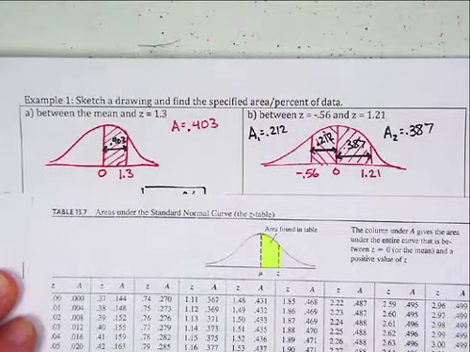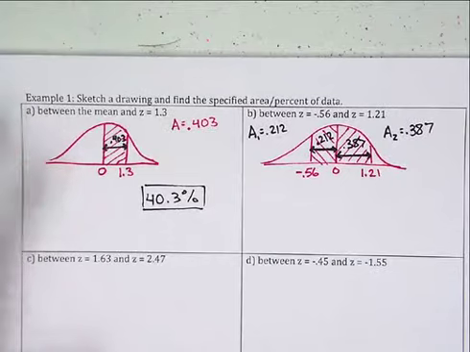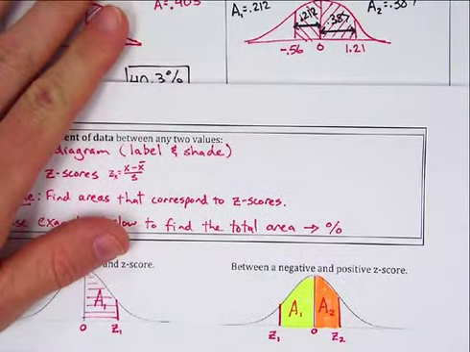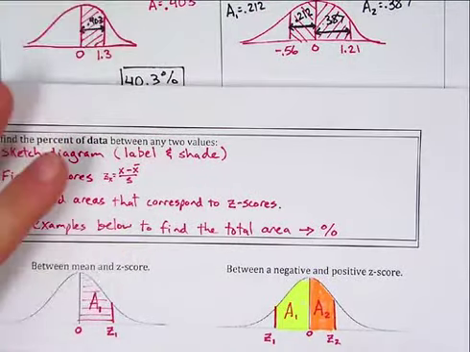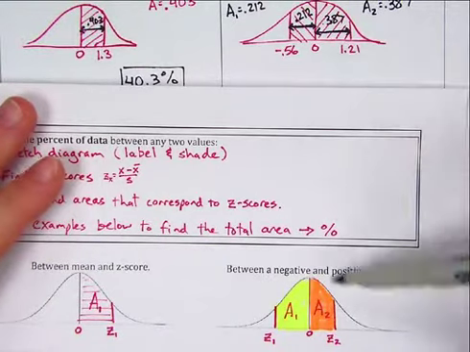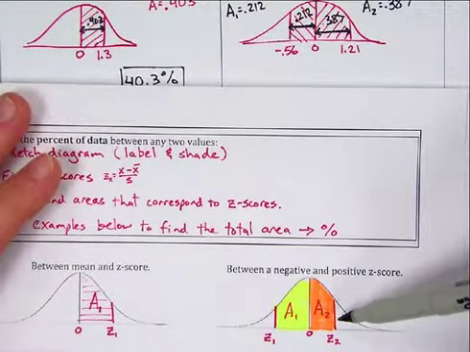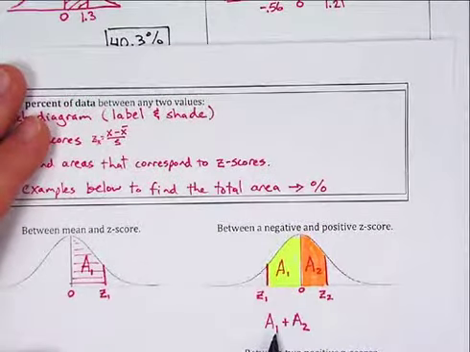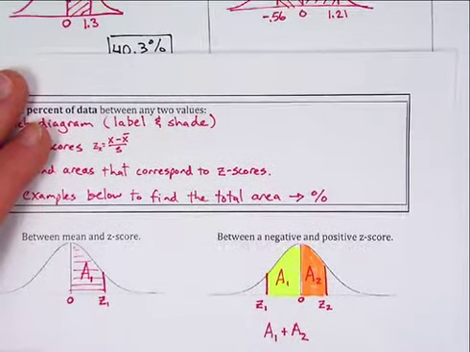I think this is the easiest example to find, and you can probably see what's going to happen. Looking at our last chart that we just did, you want to compare your sketch here. You can see that this sketch and this sketch is the same. So it's between a negative and a positive z-score. So all we have to do here is add our two areas together.